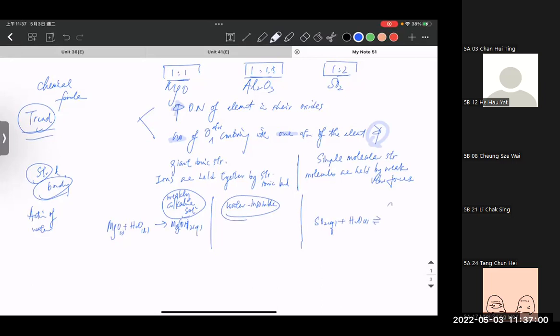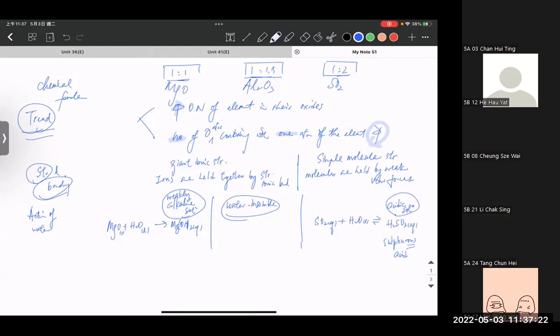H2SO3. Yes, we call that an acidic solution of sulfurous acid, sulfurous, not sulfuric, okay?